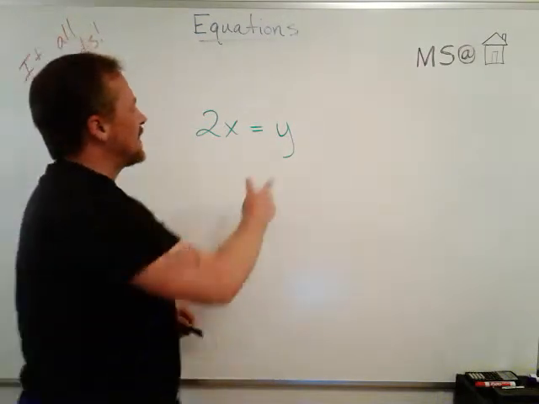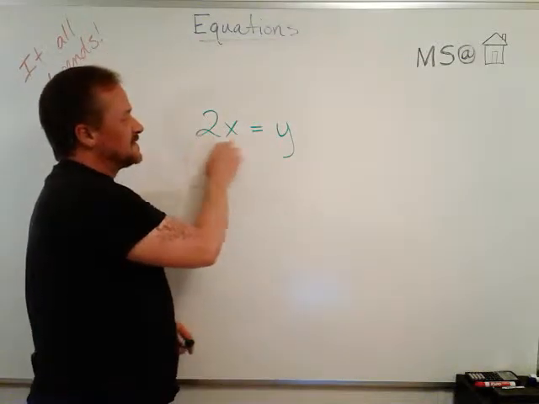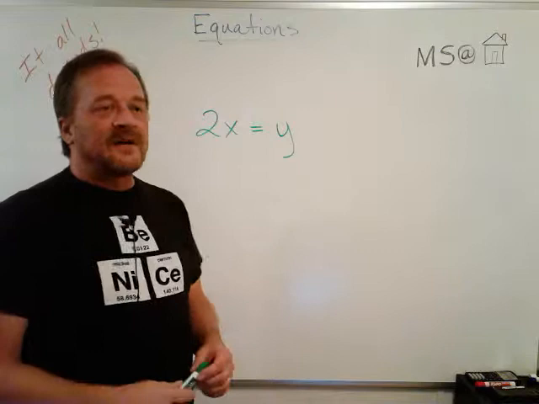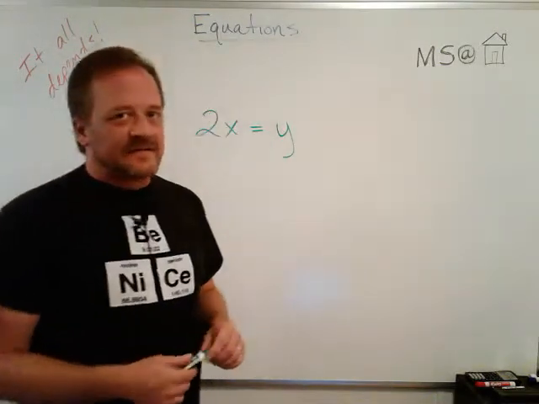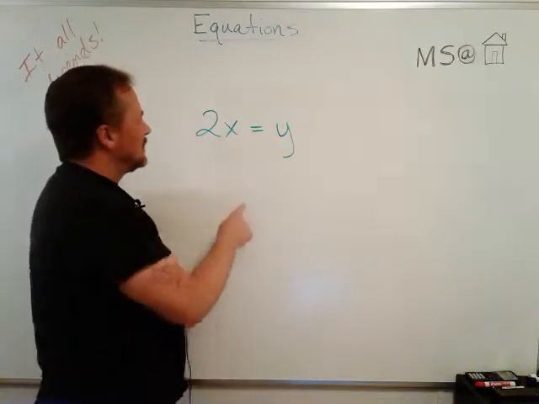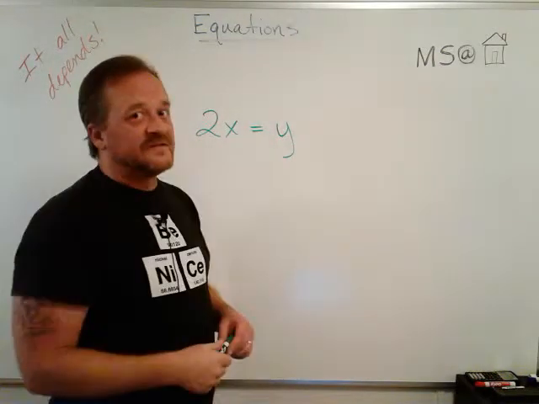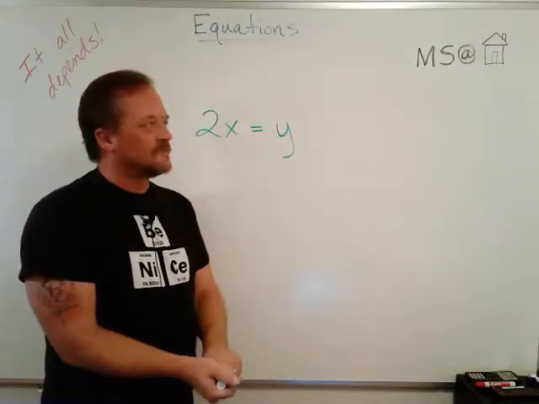So, since y is kind of just sitting here patiently waiting, and x is going to be actively multiplied by 2, that means that I can choose what x is, okay? It also means that y, the value of y, depends on the value of x, okay?